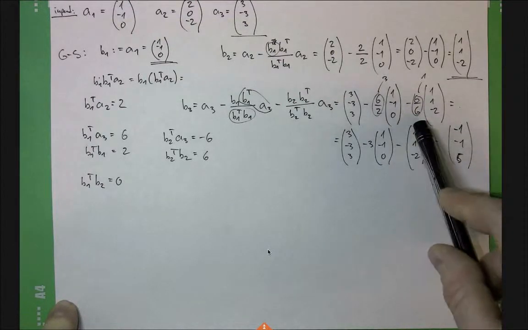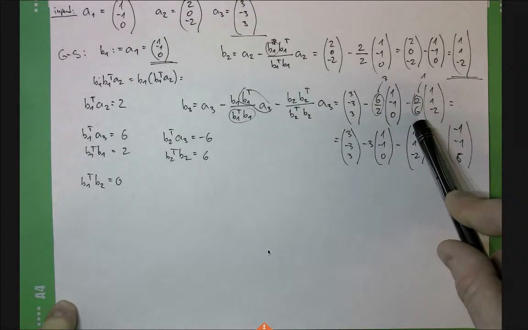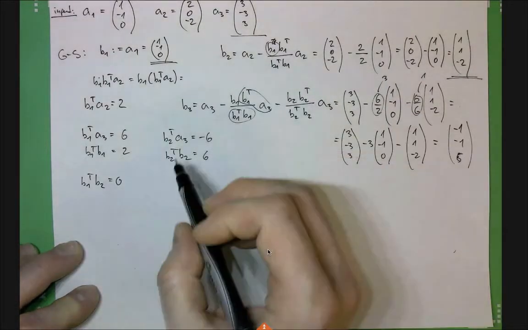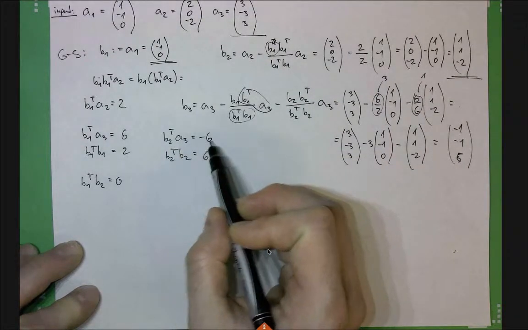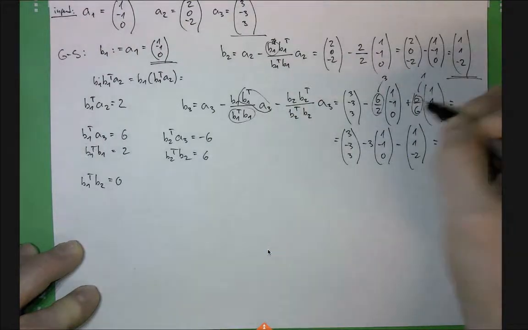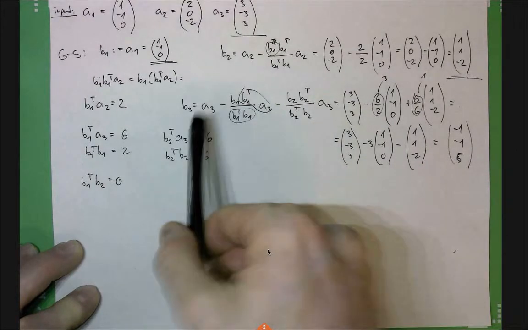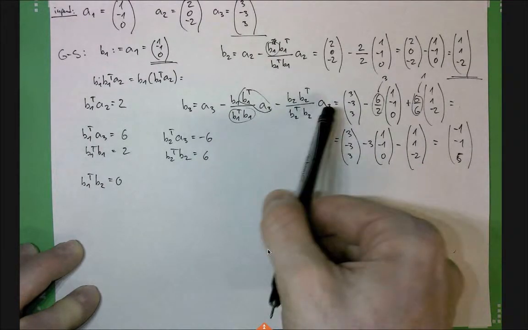I think I know where. B2? No, I think the problem is that when I was computing, this was B2A3 is minus 6. That is fine, but I was subtracting it, so here should have been plus. Right? Because the minuses are from Gram-Schmidt, and there was another minus, and I got confused.